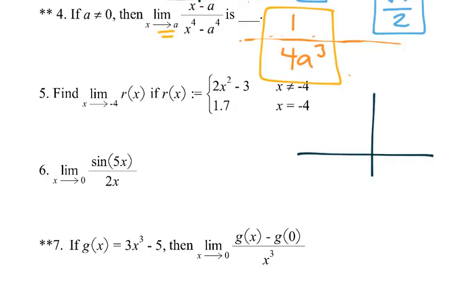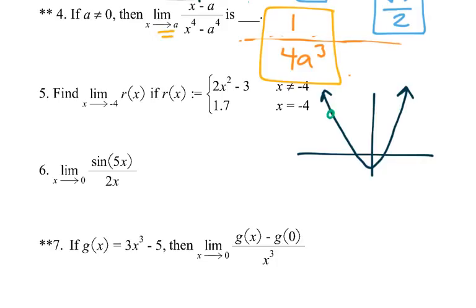What we have here is a quadratic that dictates the function 2x squared minus 3, and so it probably looks something like this. And we're told that everywhere that's not negative 4, that quadratic is dominating, and then at negative 4, we're not going to look at the quadratic.